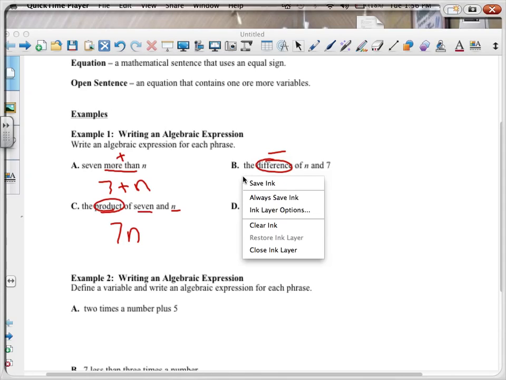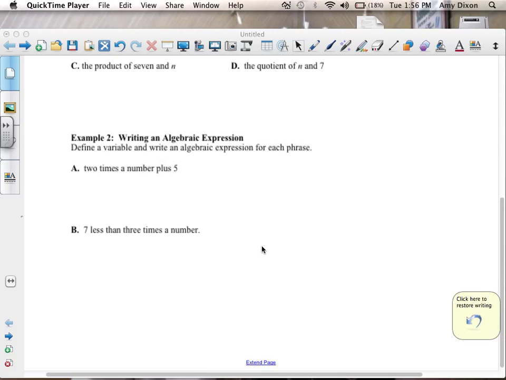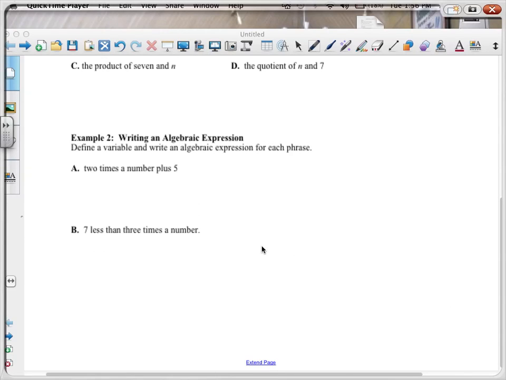Okay, let's look at some that have a couple of operations. These have words. It says to define a variable and write an algebraic expression for each phrase. On example 1, they went ahead and gave us variables to use. This one, they tell us to define a variable. This is something you are going to have to know how to do. Be sure that you are writing this down. This is very important. Anytime you're writing any kind of phrase or equation, you're always going to have to define those variables.